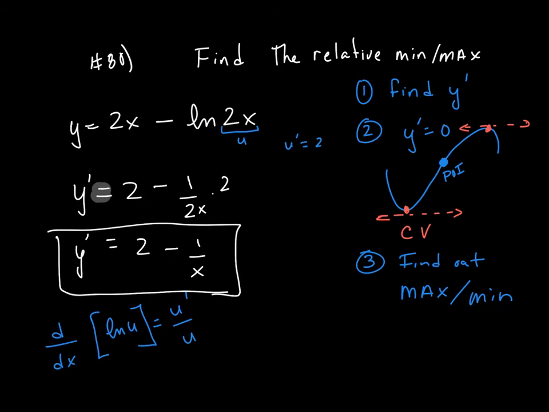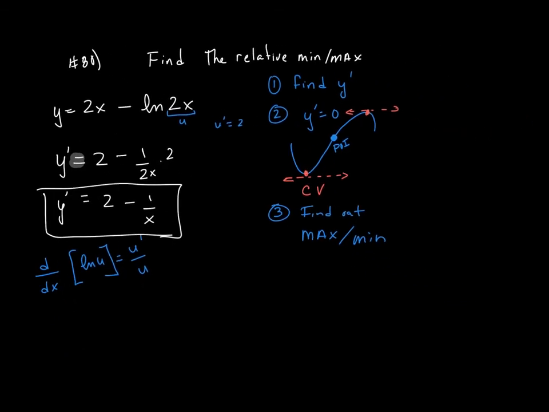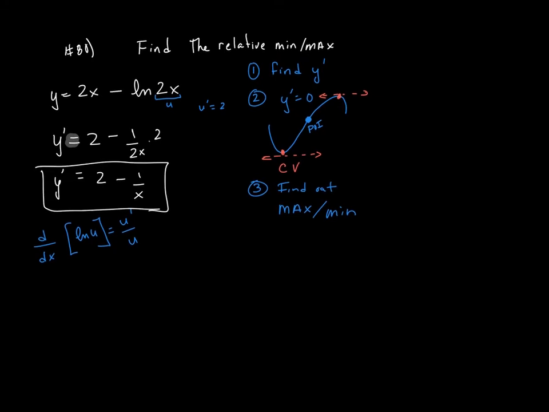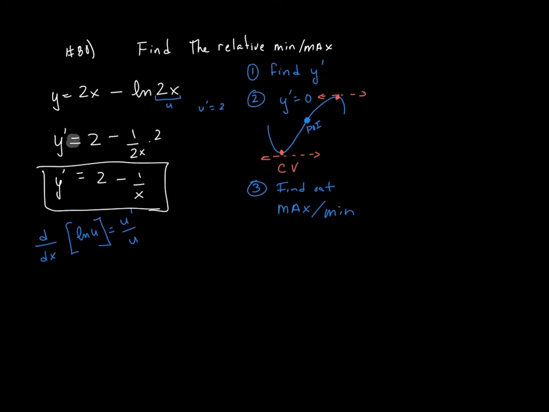So the next step in that is to set the first derivative equal to 0. So now we're in step 2. y prime is equal to 0, so then I just have 0 is equal to 2 minus 1 over x. 1 over x is equal to 2.